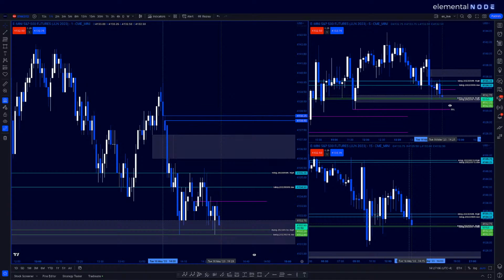And it sliced through here. Notice the bodies of the candles on the 1 minute chart are respecting that gap. Only the wicks are reaching towards the new week opening gap. Could that be a sign that we don't want to go lower? I don't know, but just notice that.